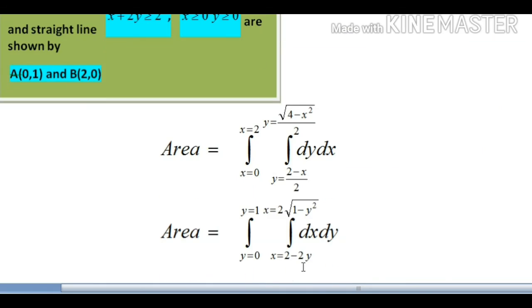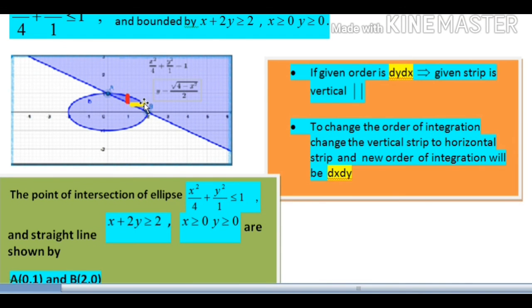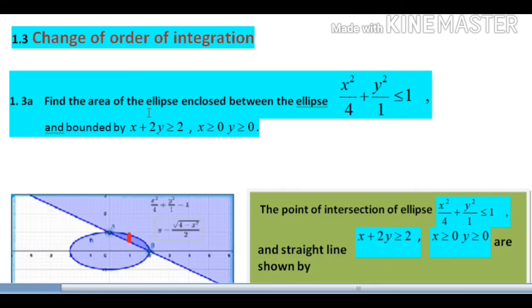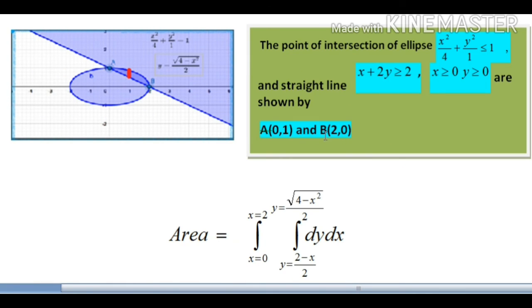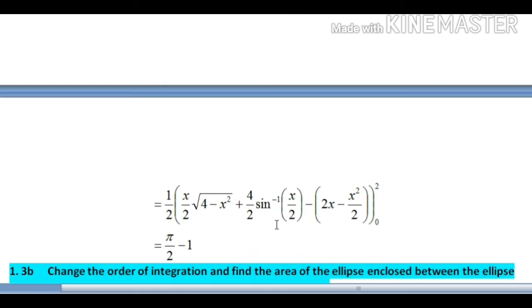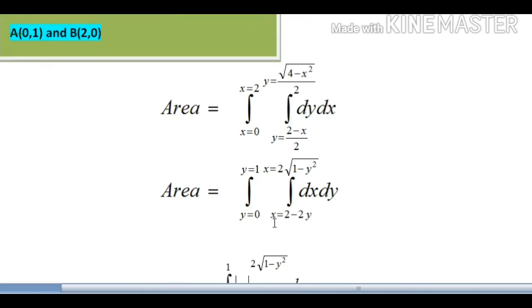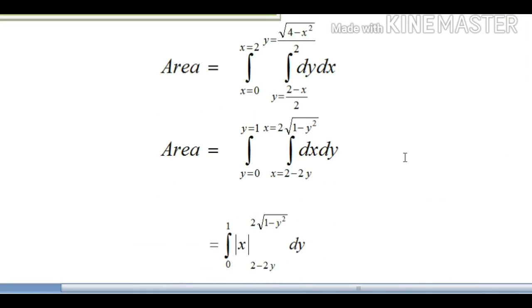So your x varies from 2 minus 2y to 2 under root 1 minus y square, and this horizontal strip starts from the lowest point B to the highest point A. So y varies from here: the B point was (2, 0), so y is 0, and at A, y is 1. So y varies from 0 to 1, right?